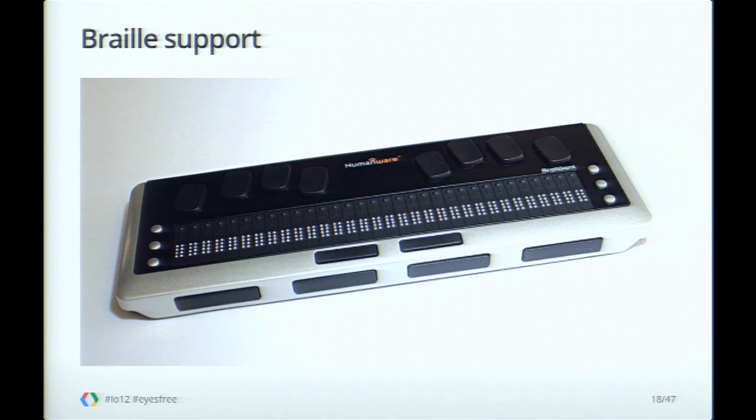We are enabling a number of different Bluetooth-enabled Braille displays to connect to Android phones. A Braille display has a line of so-called Braille cells with dots that can be raised, and the user can read on that line.